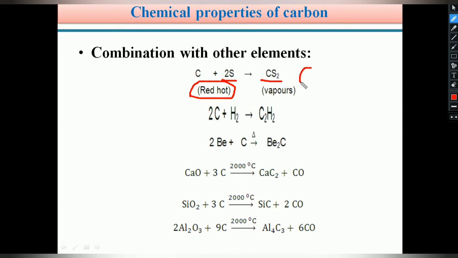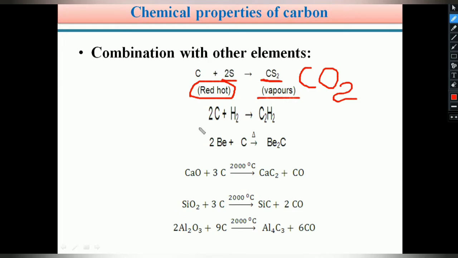Just now we saw in the previous slide, CO2 is carbon dioxide; here it is CS2, carbon disulfide. So whenever sulfur vapors are passed over red hot carbon, carbon disulfide is formed as a gaseous product, like CO2, released whenever carbon reacts with sulfur.